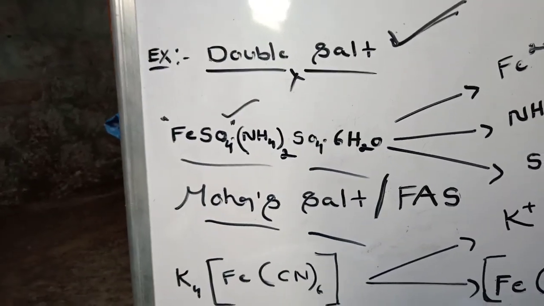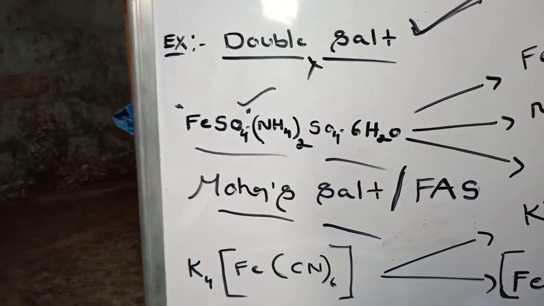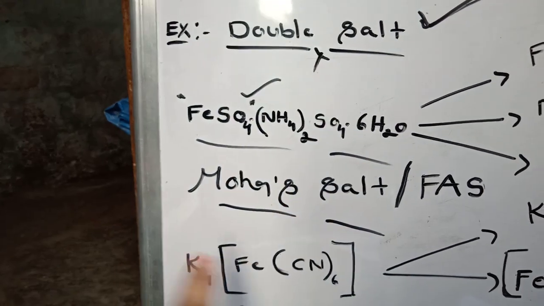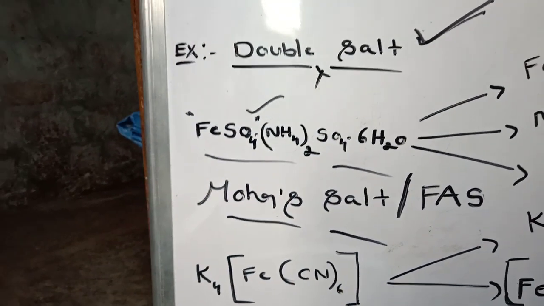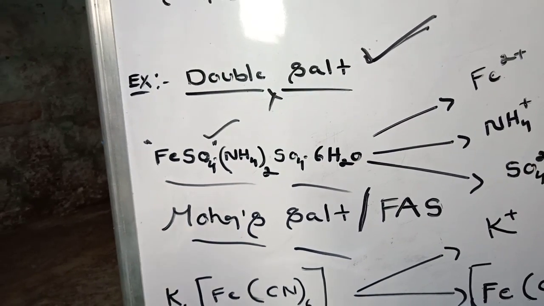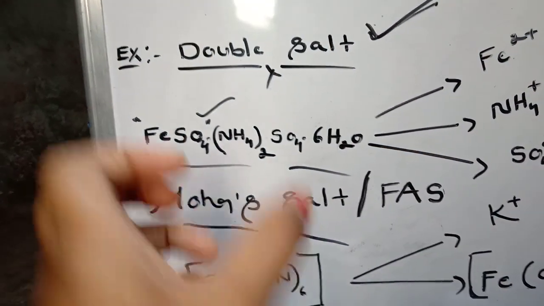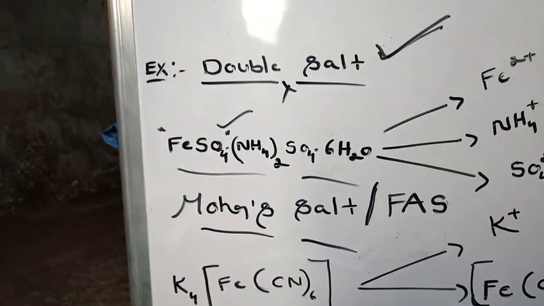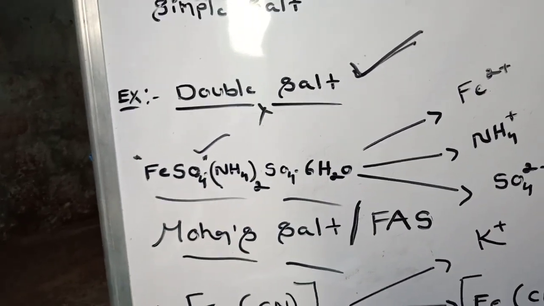Now, if I try to dissolve this mohr salt in water, when I dissolve this double salt in a container containing water, what happens?